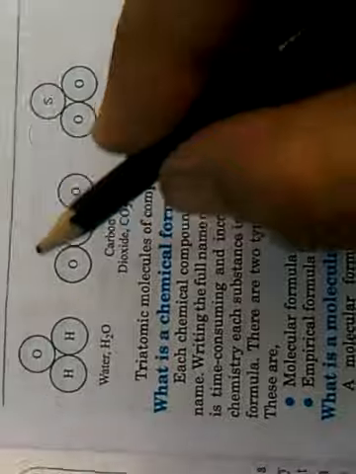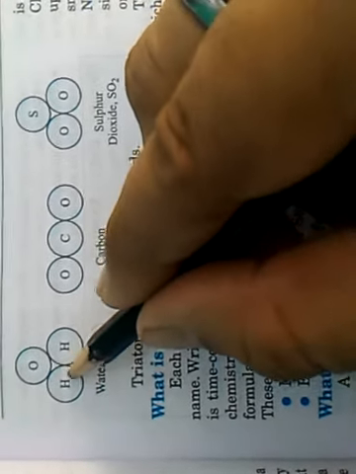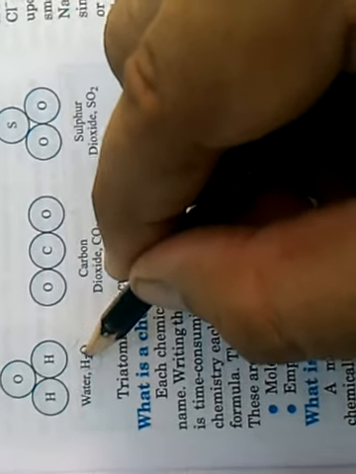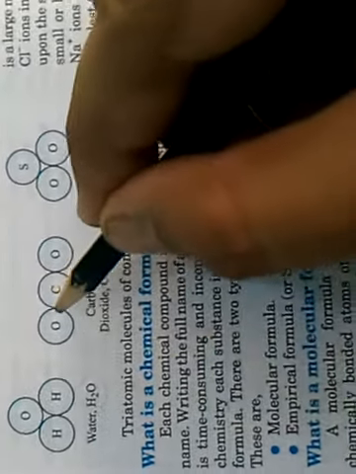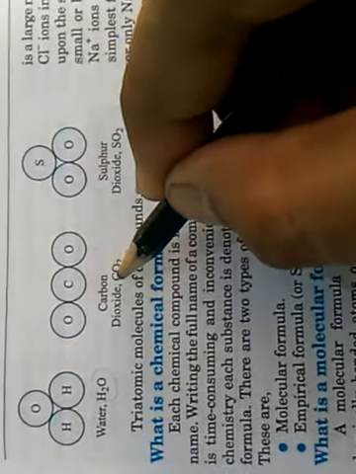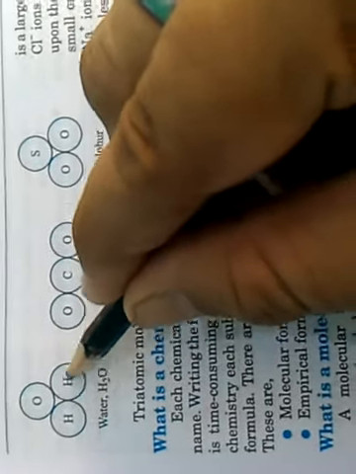So instead of that, I am just writing the symbols of the atoms or elements which are instrumental in making that compound, and apart from that I am writing the number in which they are present.